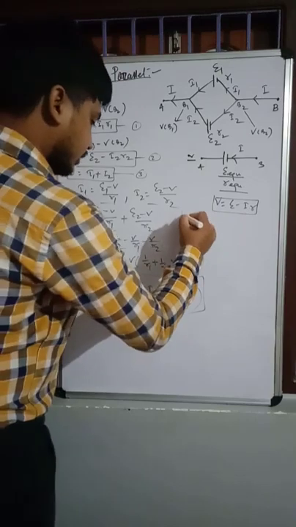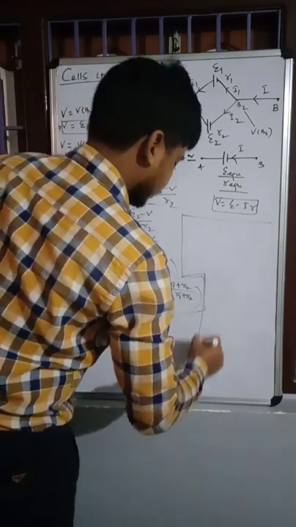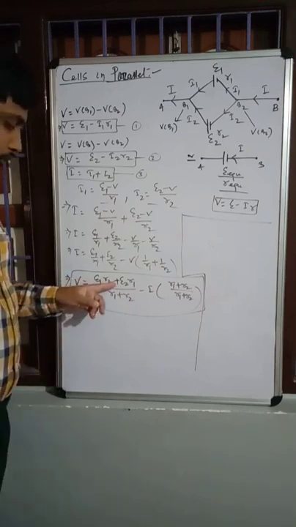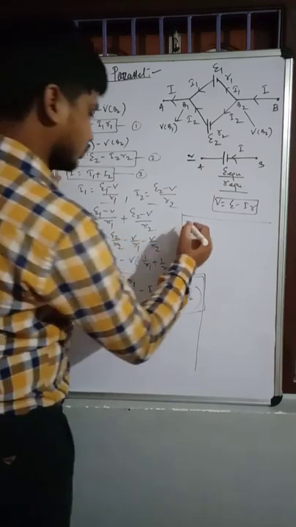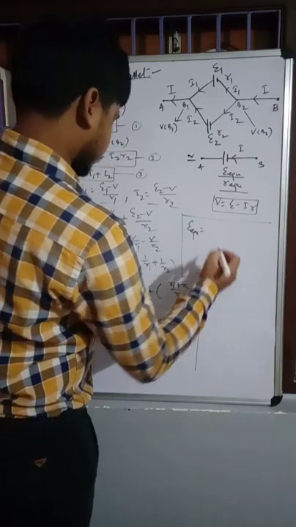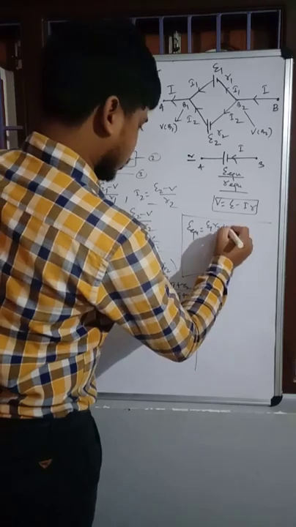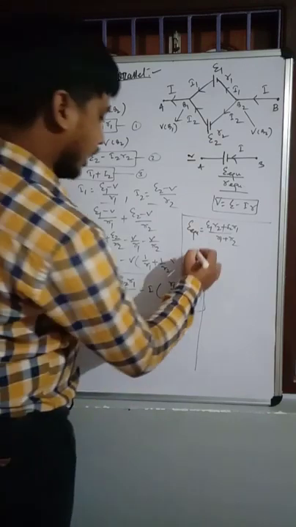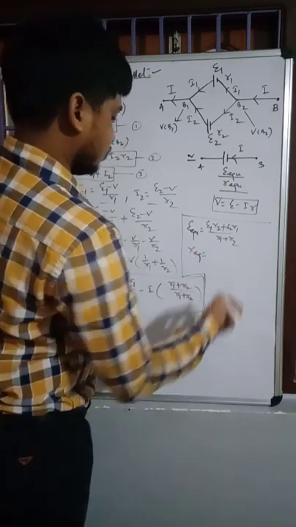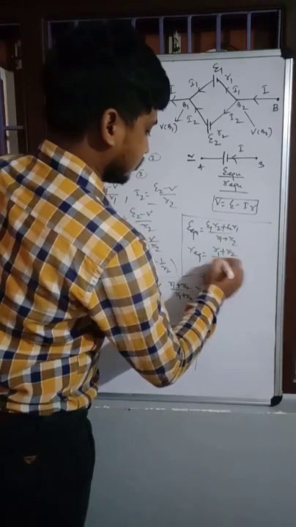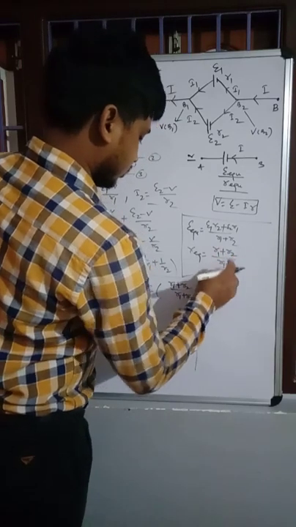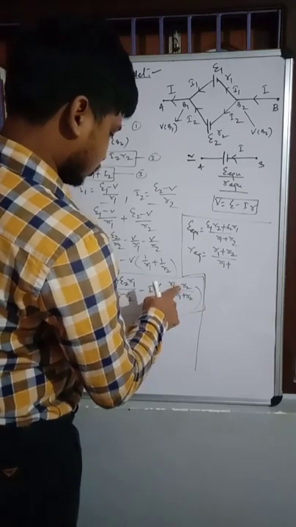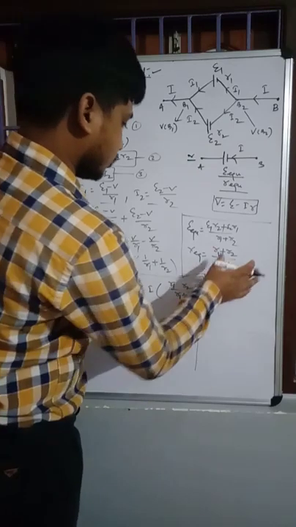Hence, in this parallel connection, the equivalent EMF is E equivalent equal to E1 R2 plus E2 R1 by R1 plus R2, and R equivalent is equal to R1 R2 by R1 plus R2.